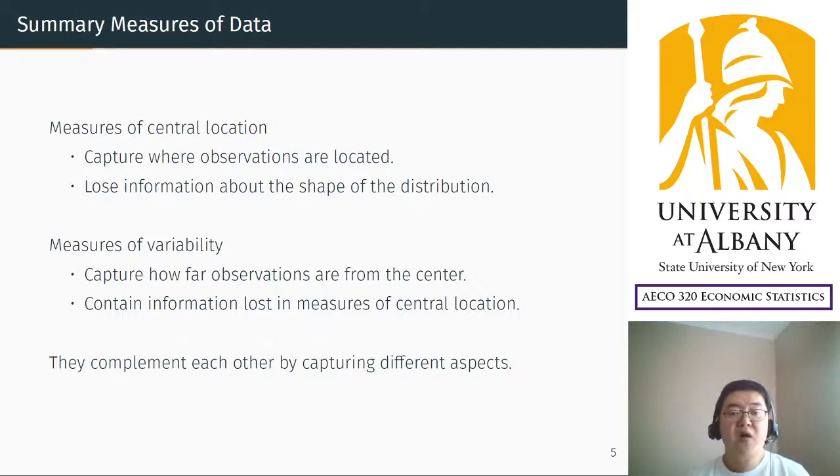We learned the measure of central location in the previous chapter, the mean or the median. Now in this chapter, we are going to study measures of variability. These are different from measures of central location, but very closely related, so they are bundled in one chapter in many textbooks.